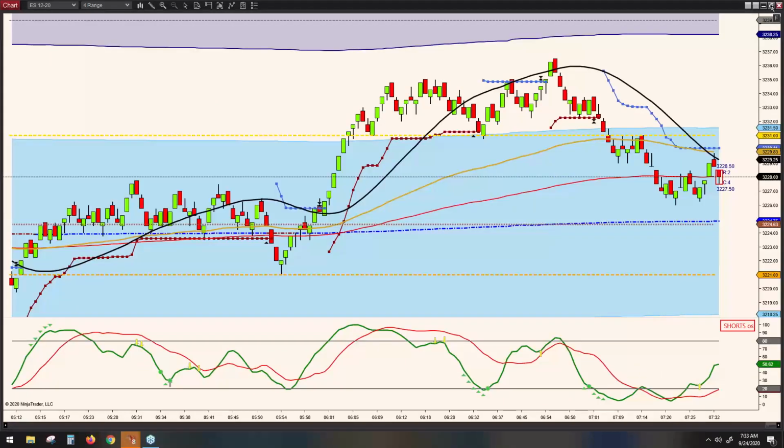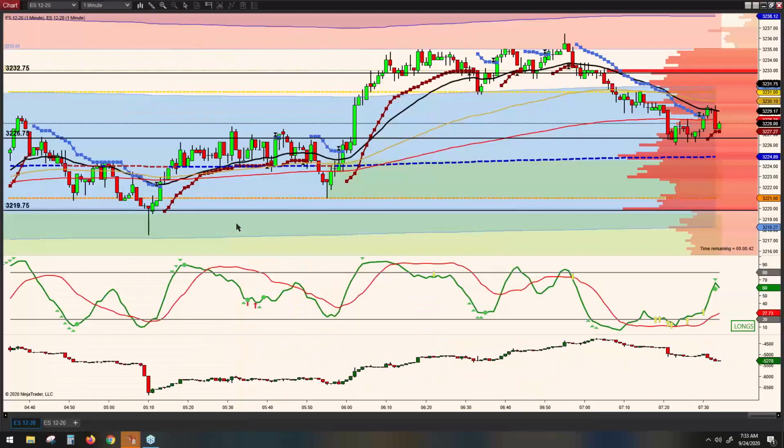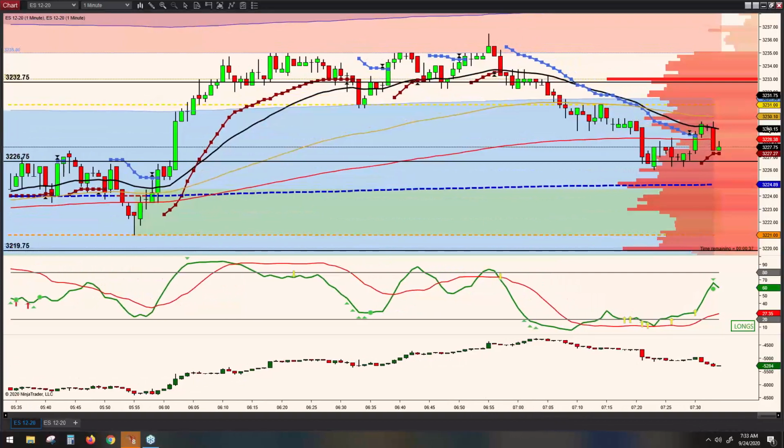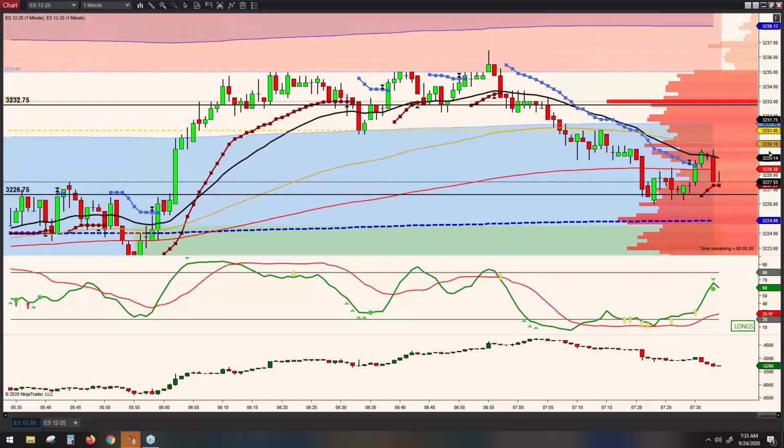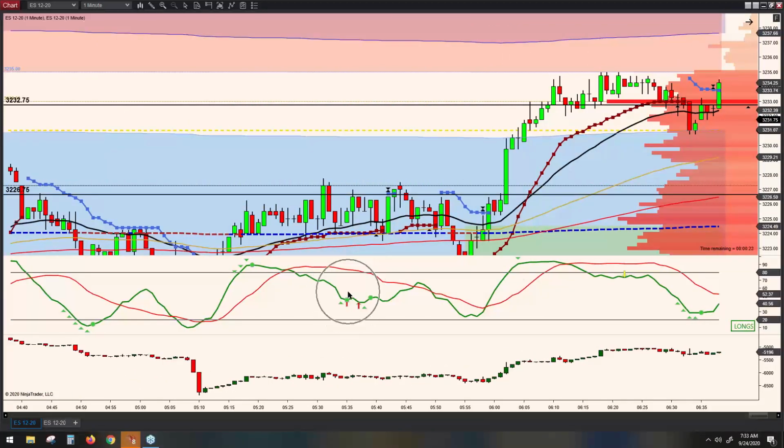Another thing that I want to point out is that if you're trading off the 1 minute and you get the 40-point gapper, because the 1 minute is going to move a lot slower than a range chart, just keep in mind that when you get that 40-point gap to show up on a 1 minute chart, more than likely price will go sideways to fill that space, as you can see here.